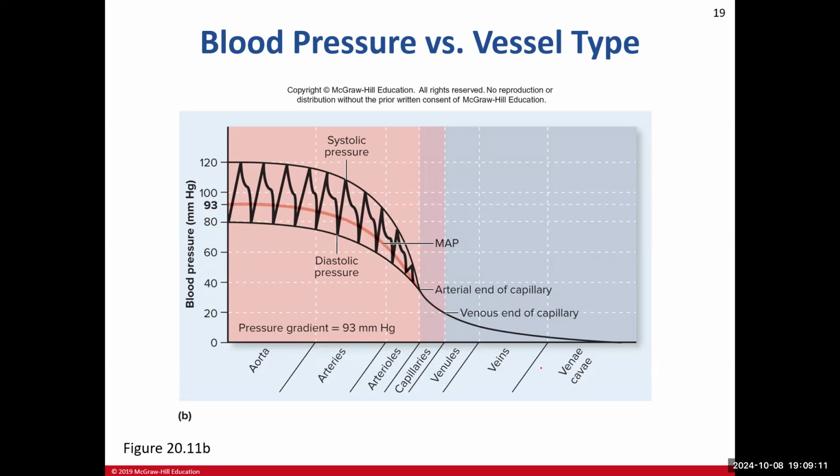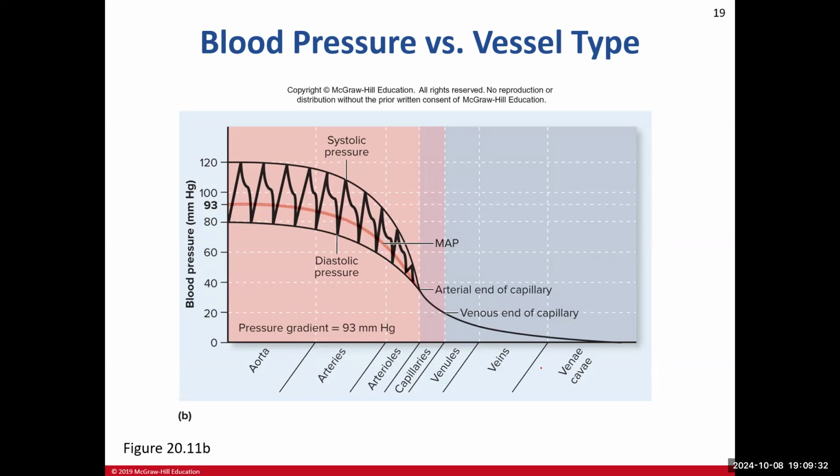But notice it's one single line. These two lines should indicate to you that it's a pulsatile type of movement of the blood. So every time the heart beats, it pushes the blood. Then when the heart relaxes, we're still going to see some blood flow, but it won't be as much as when the heart was contracting. So it's pulsatile here.